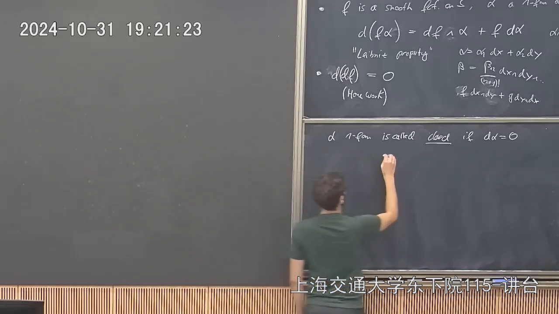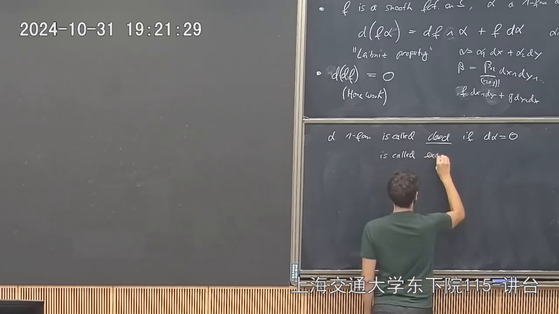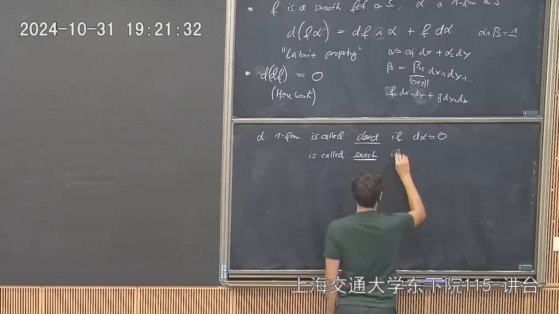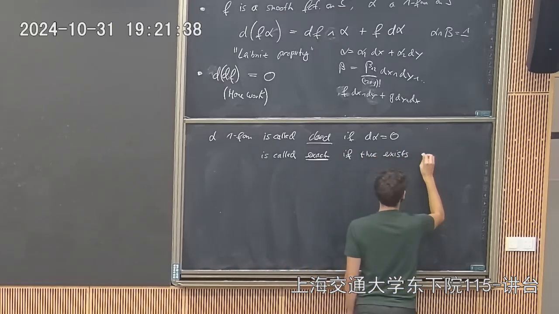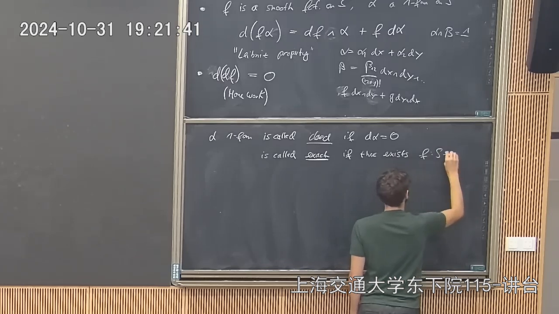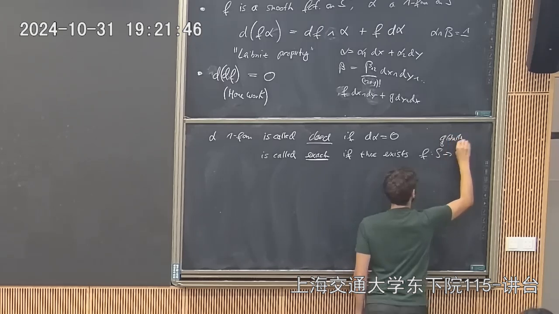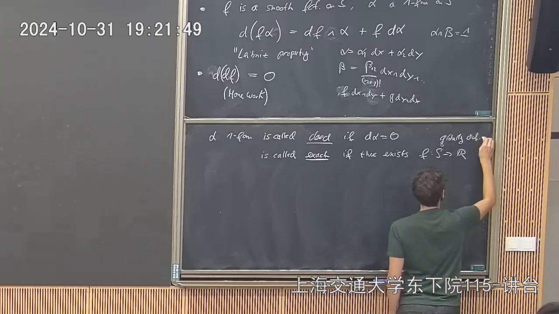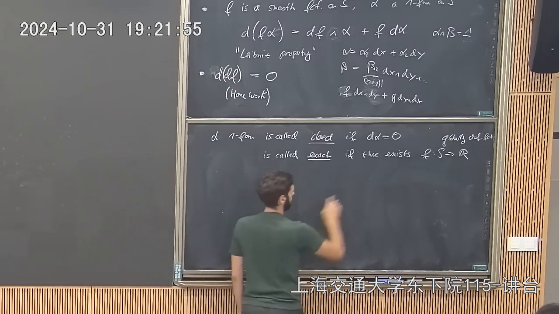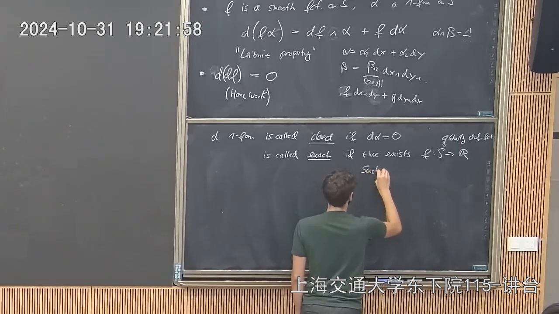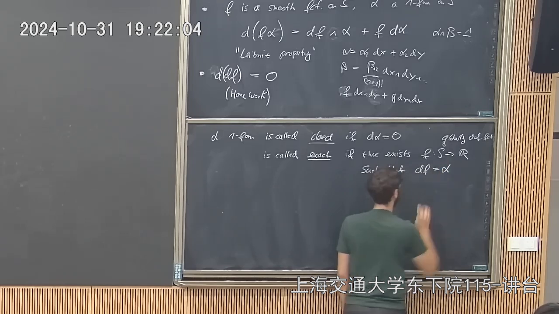And it is called exact if there exists a globally defined function f on the surface such that df equals alpha.